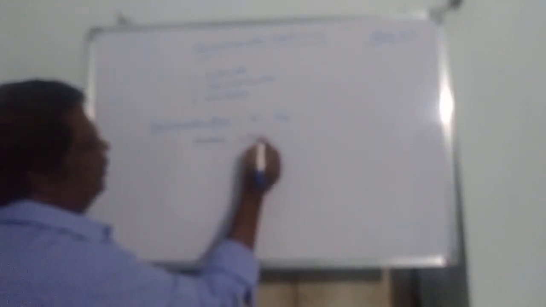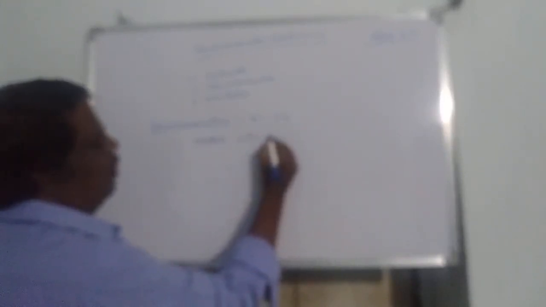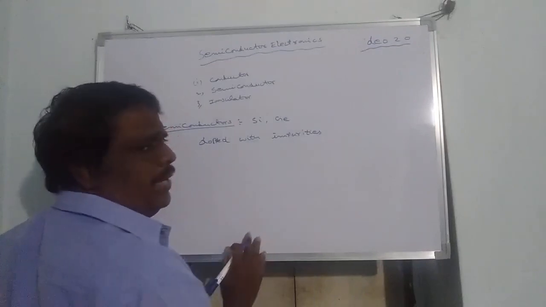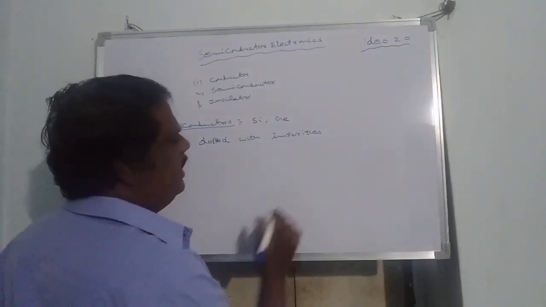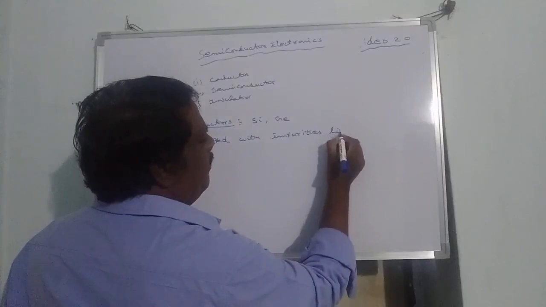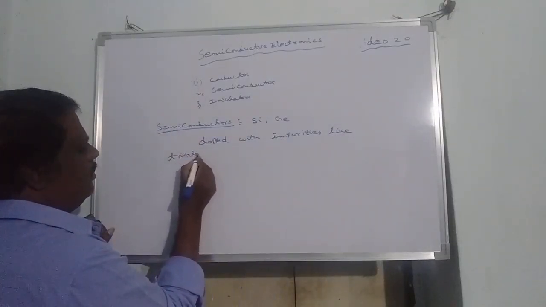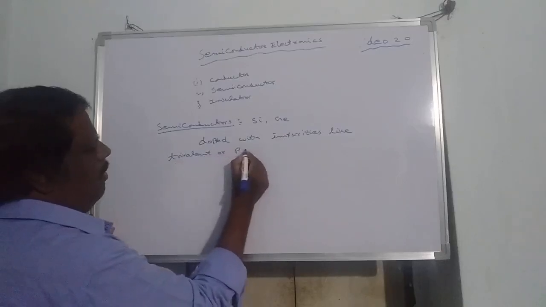To increase the electrical conductivity of a semiconductor, either silicon or germanium is doped with some impurities. What are the impurities? Impurities like trivalent or pentavalent.